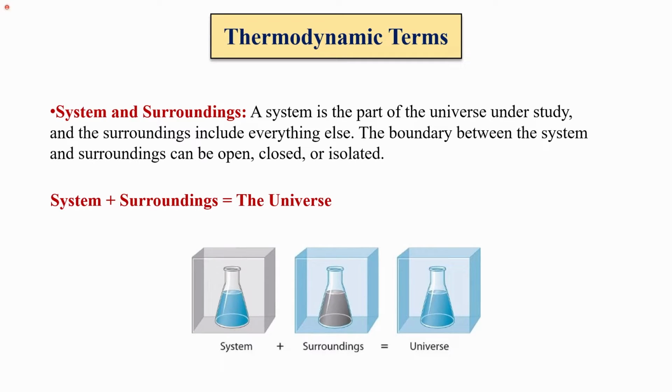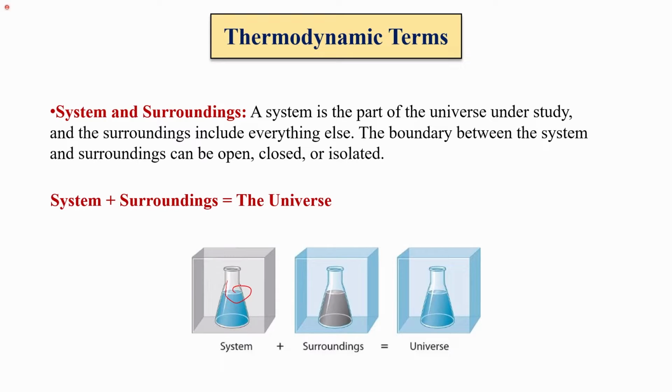To study the flow of energy during a chemical reaction, we need to distinguish between a system, the small, well-defined part of the universe in which we are interested, such as, let's say, some chemical reaction taking place in this conical flask. So this is our part of interest.